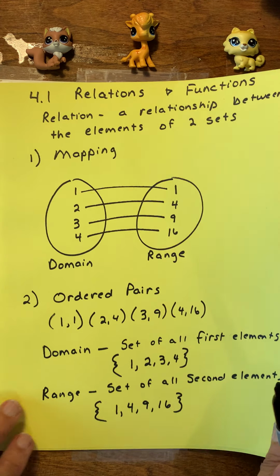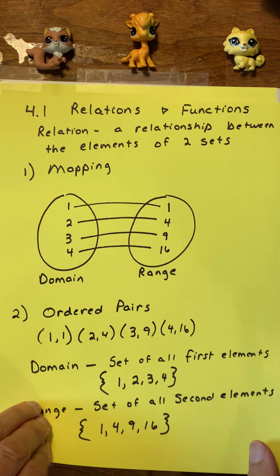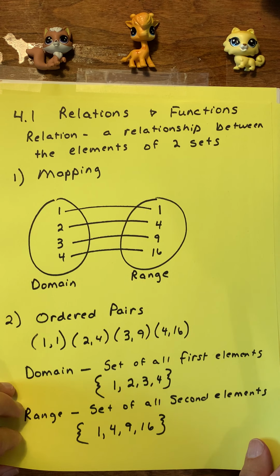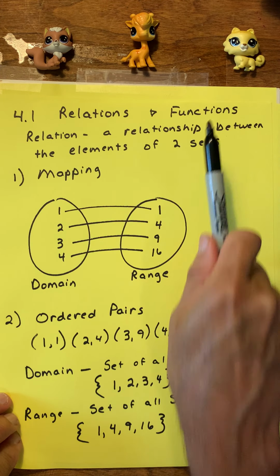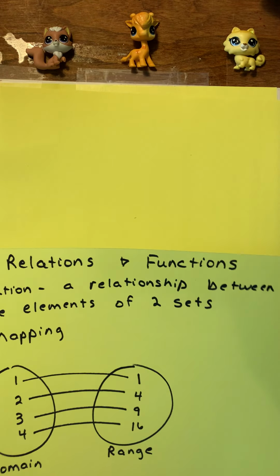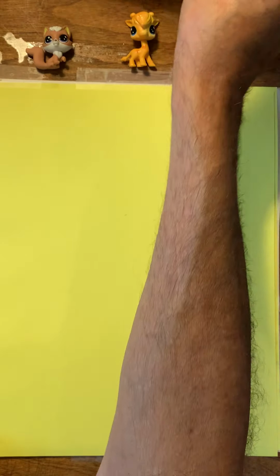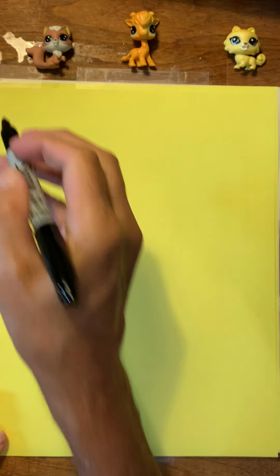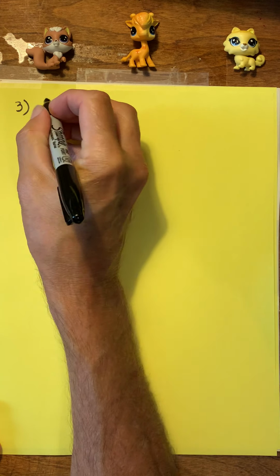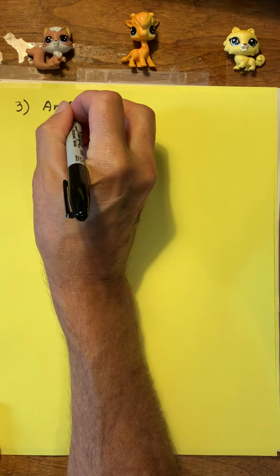Not too tough. And we're going to go back to these illustrations and talk about them in terms of there being a function or not, but we'll get to that in just a second. All right, that's the first two ways to represent a relation. There's a third way, and that's with an equation.